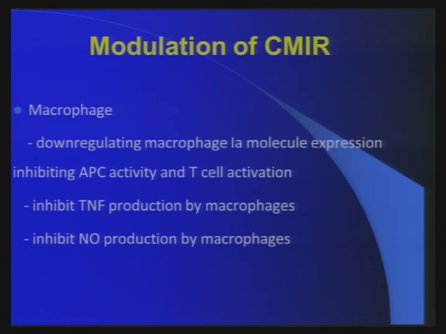They suppress the antigen presenting process by reducing MHC expression. So there is no antigen presenting process, so less activated macrophage, isn't it? And then less TNF releasing and less free oxygen radical releasing.